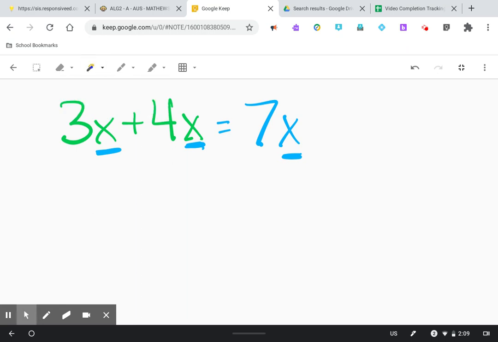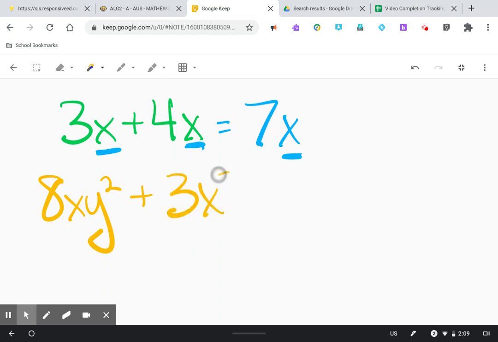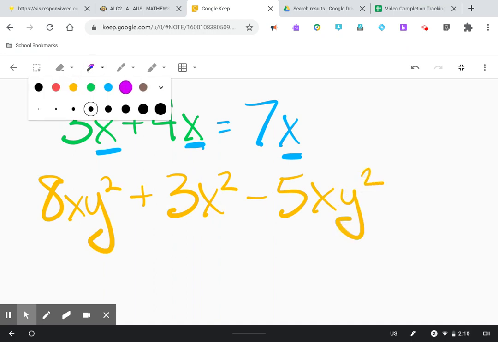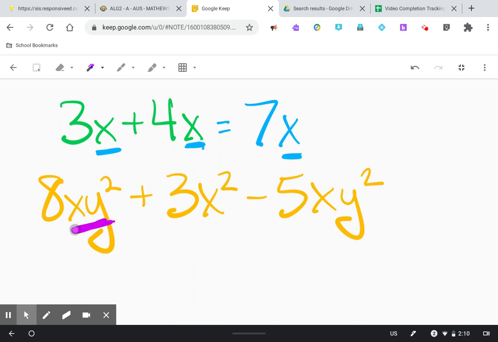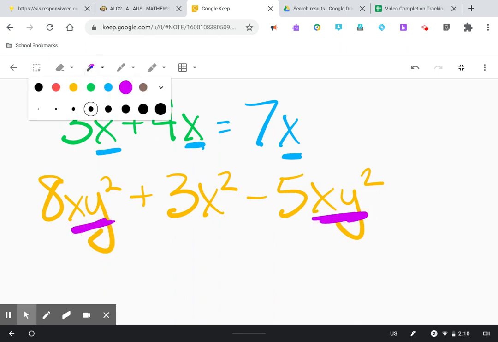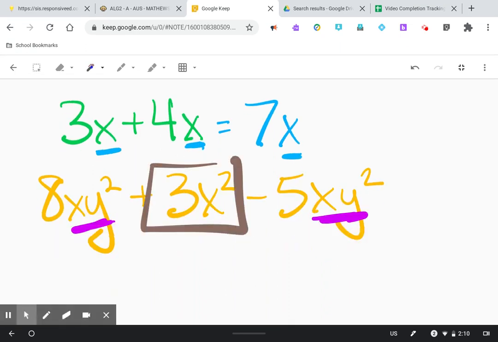Similarly, if I had something like 8xy squared plus 3x squared minus 5xy squared, there would be something compatible here and here, whereas this 3x squared is not compatible with any of our other terms.